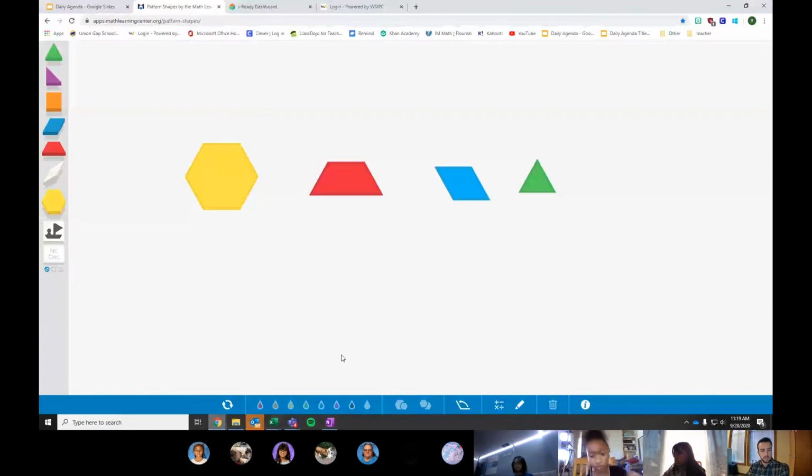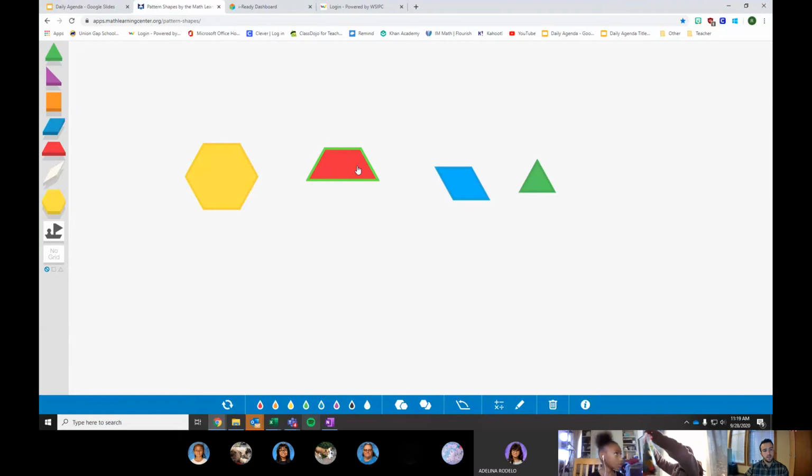I actually have this little thing here that might be able to help you. So if I have the yellow hexagon here, how many of these red trapezoids will it take to fill the entire yellow hexagon? Elizabeth?